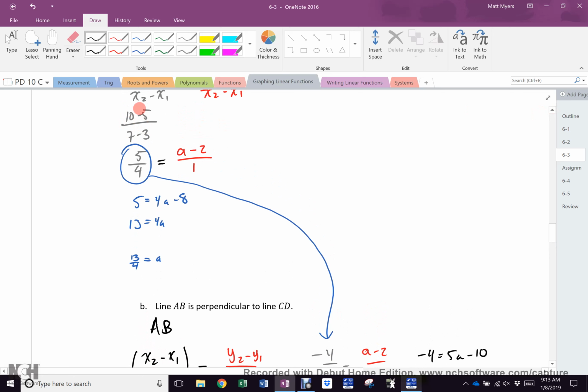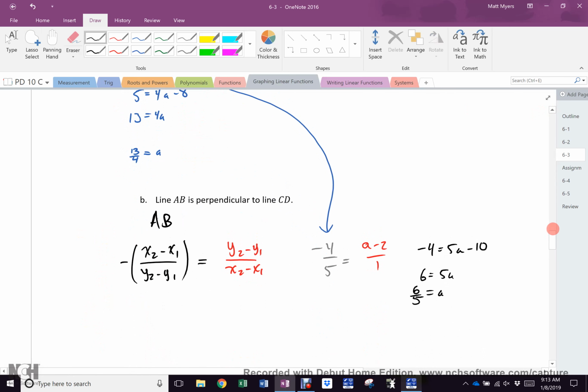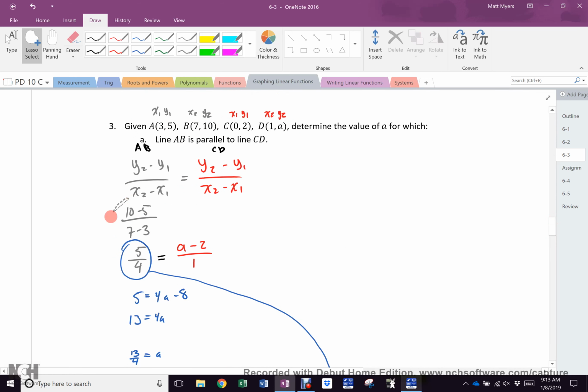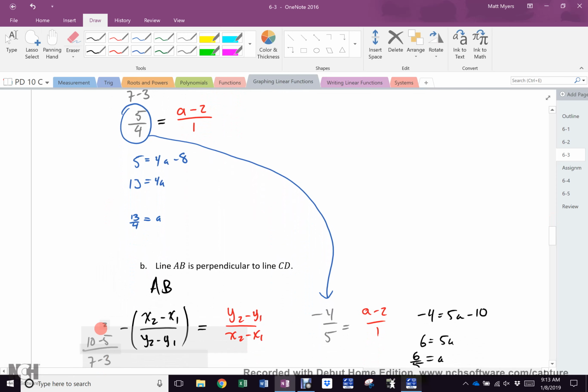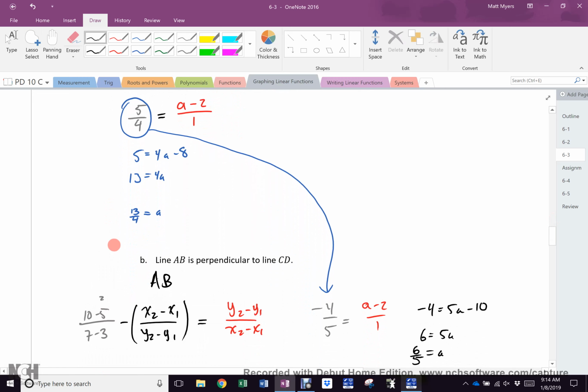And it would have been reversed, right? And then I would have had the 4 up there and the 5 down there with the negative out in front.